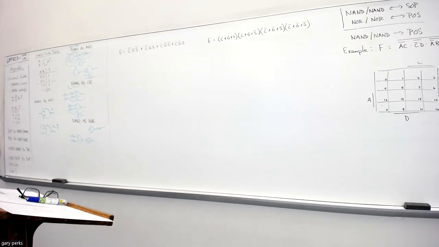So back then, if you could do your design in all the same gates, then your purchasing department, wherever you worked, was very happy because they could just bulk order that one type of IC instead of having a bunch of different ICs. And of course, when you bulk order something, you get a good price on it. So sometimes it was more cost effective to do everything in the same gate.